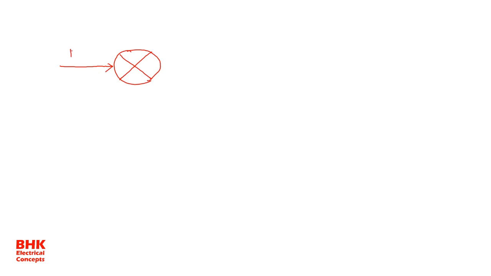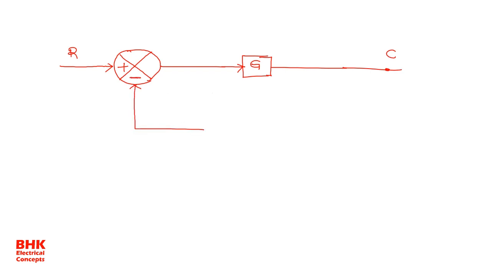R is the input having a positive sign, then we have the gain G, and the output is C. We are using negative feedback, so this is a minus sign, and here is the value of H, and from this point we feed back from the output to the input.